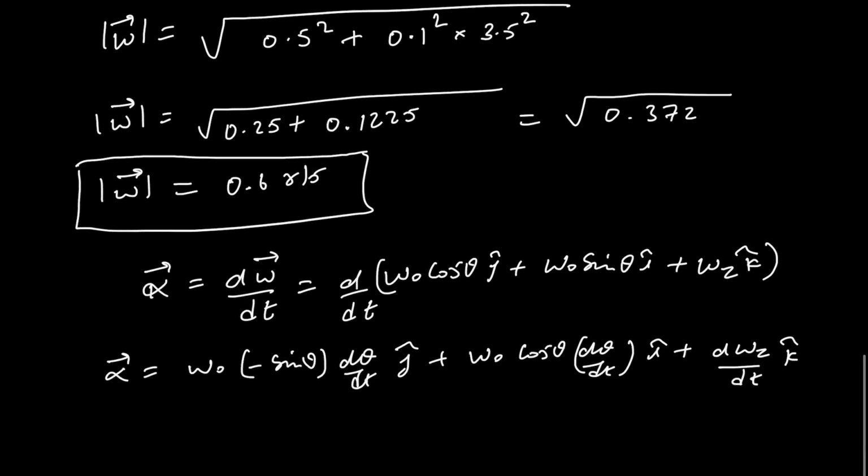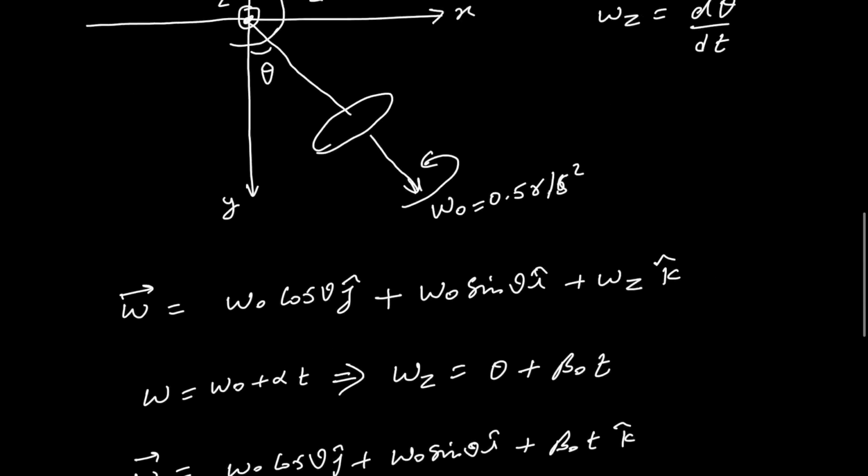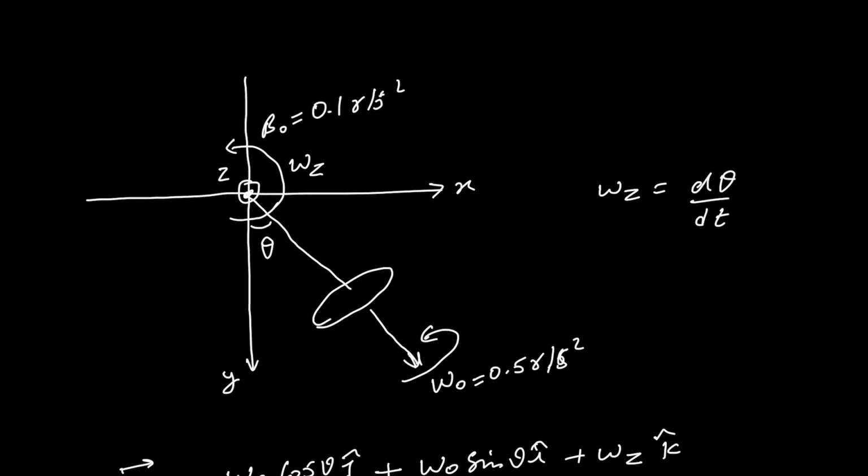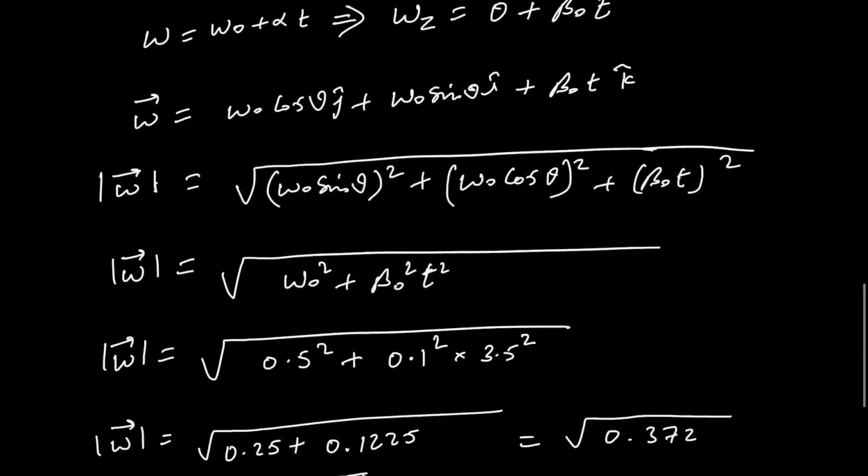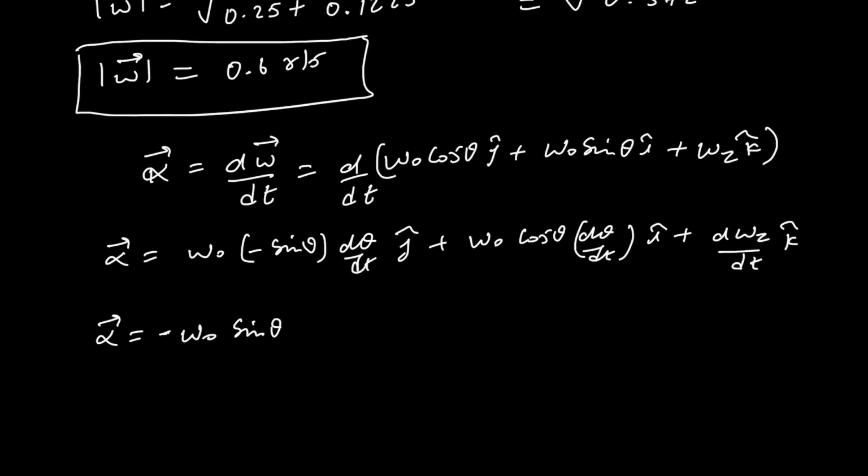Now, what is this d theta by dt? If you can remember, this d theta by dt is the rate at which this axis AB was rotating, and that was basically the angular velocity along the z axis, omega z. So instead of d theta by dt, we can keep omega z. Same way here also we can write d theta by dt as omega z.